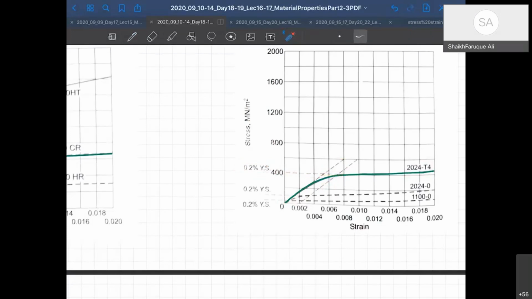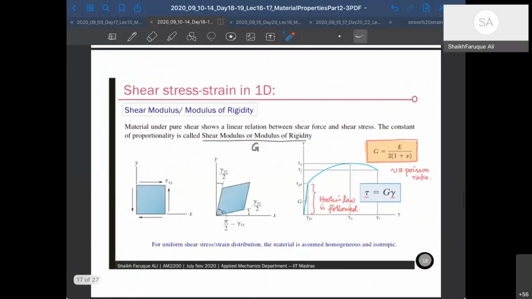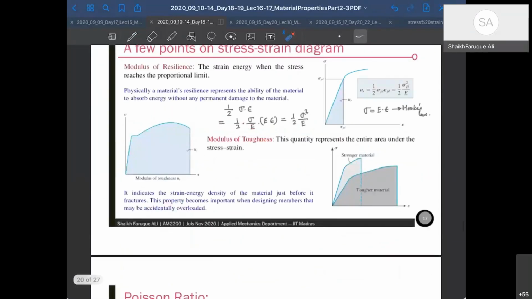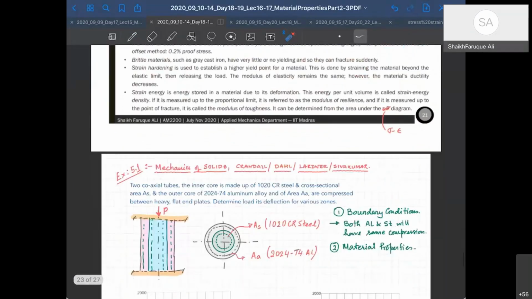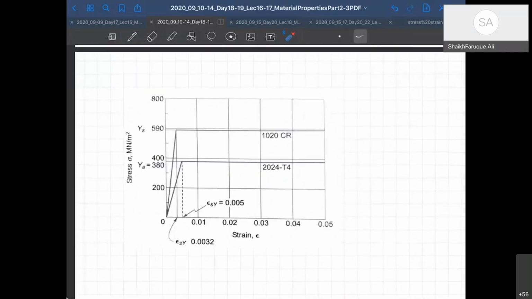The models are here: an elastic part, and then a perfectly flat part. That's called the elastic perfectly plastic model. So we can model them this way for ease of usage, and then we can get a curve like this, for the steel and for the aluminum.